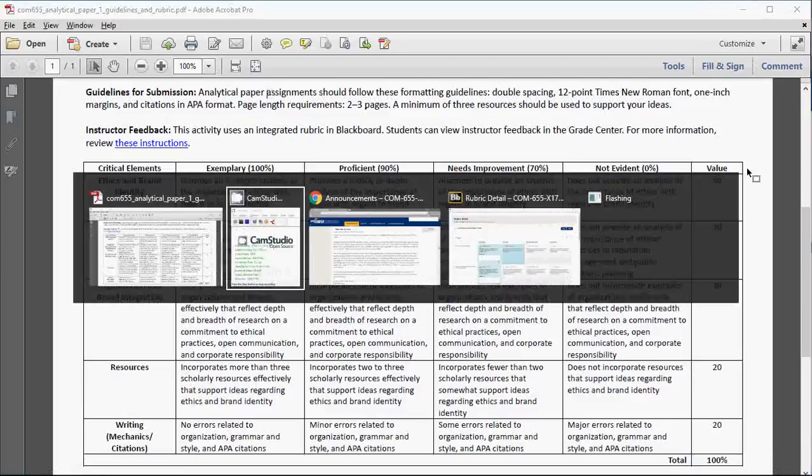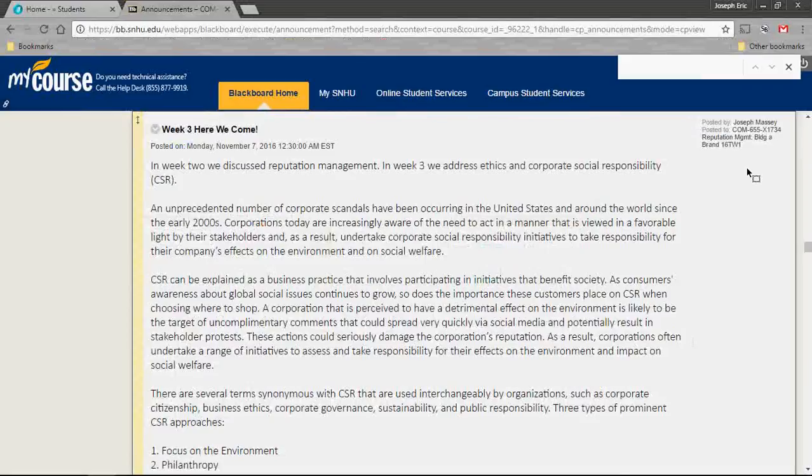Okay, I understand the importance of these rubrics. In fact, if I were a grad student at Southern New Hampshire University, I would never submit an assignment, discussion question response, journal entry, or final project.